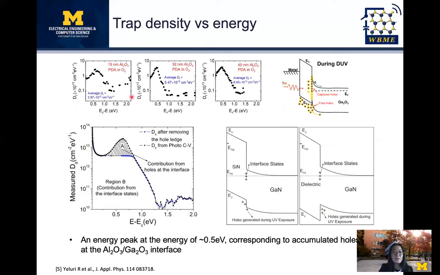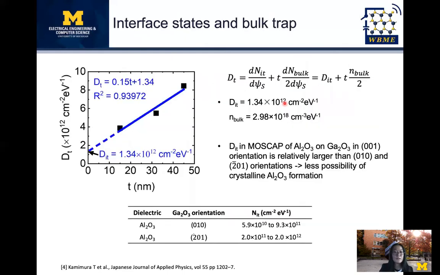So to calculate the average Dit, we remove this peak and then get the average Dit for each thickness of aluminum oxide. Then we plot the Dit as a function of thickness. From this physical equation, we can see the intercept is the interface state, and then we extract the slope, which is tied to the bulk trap.